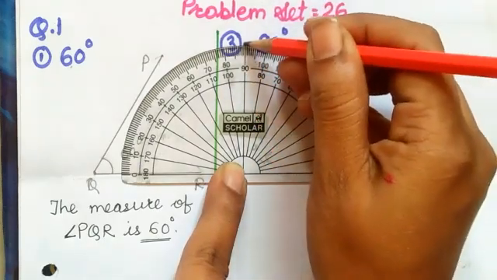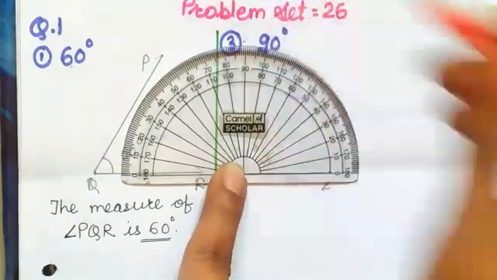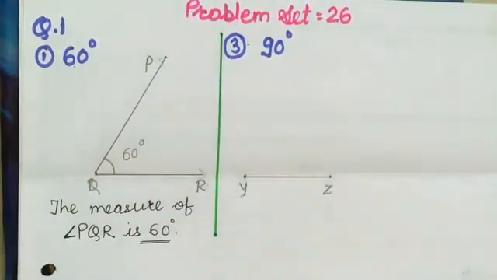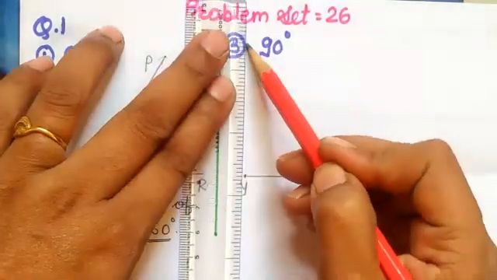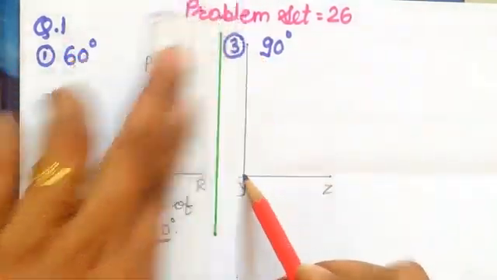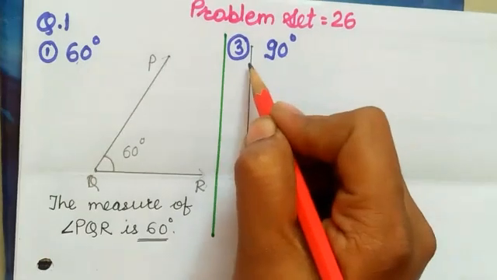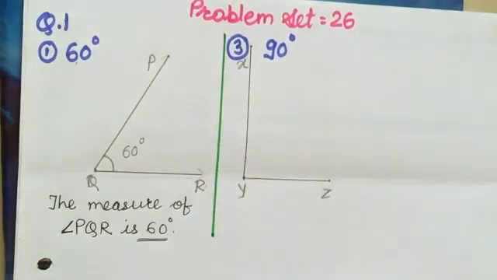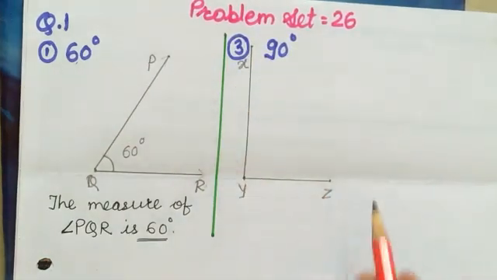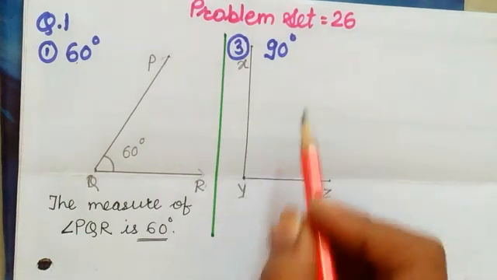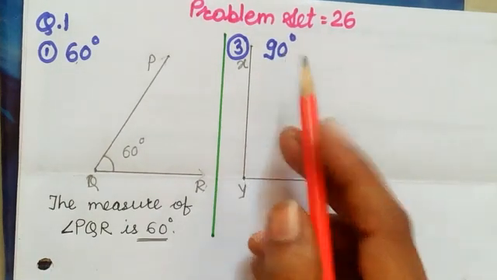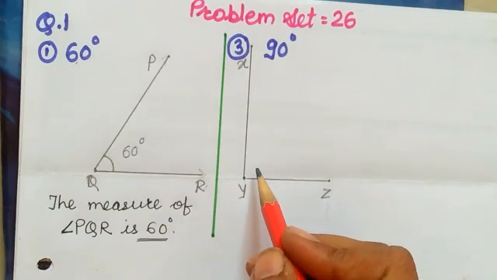So place the point over it. After that, join this point towards Y. Label the name X. So this is your angle XYZ, and here vertex Y has the measurement of 90 degrees. So you have to write the measurement 90 degrees here.